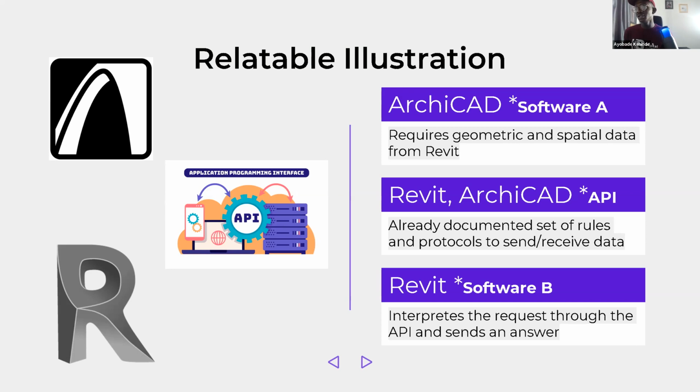ArchiCAD would need to be able to get information from Revit. There has to be a form of interoperability between the two softwares. An API has to come in between them to bridge that communication gap.